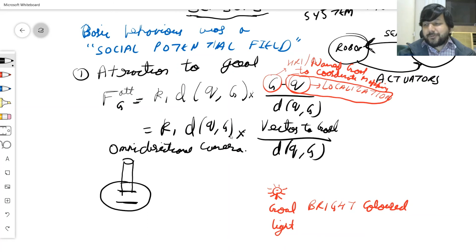Now, if you want to imagine what an omnidirectional camera is, there are multiple ways by which you can actually get an omnidirectional camera. The first way is, this is a normal camera, there is a camera and that projects it.